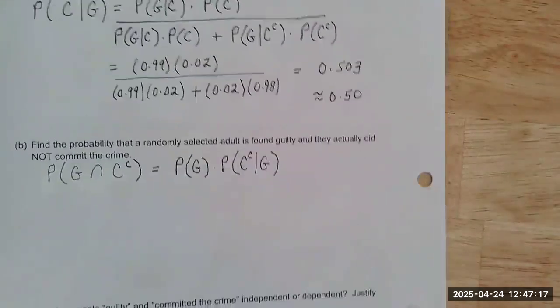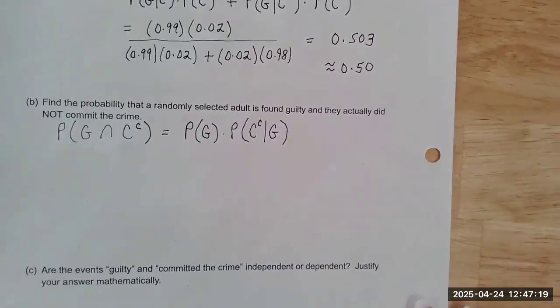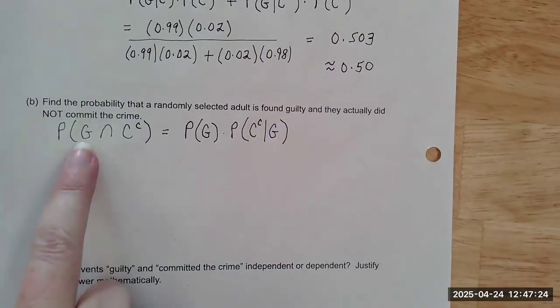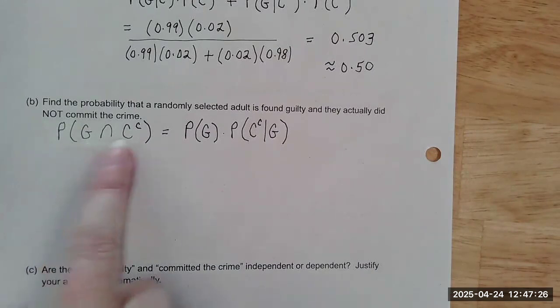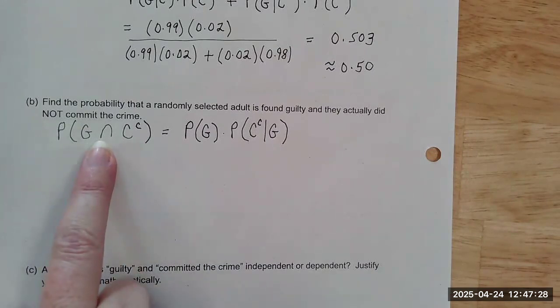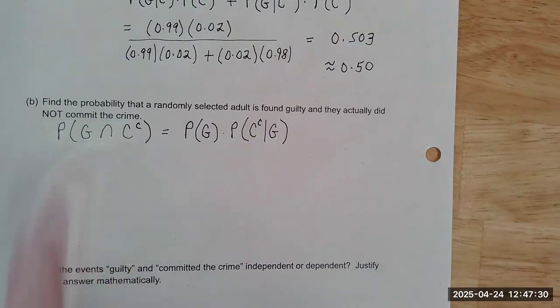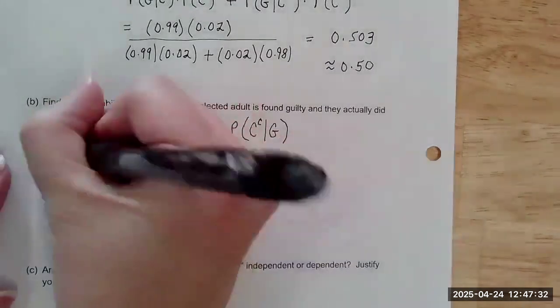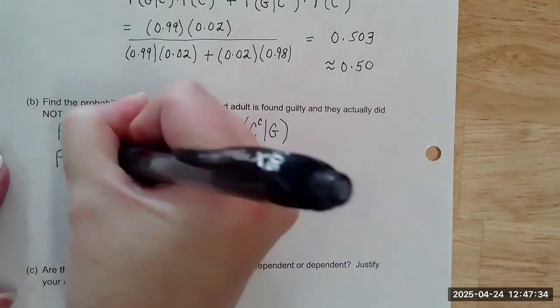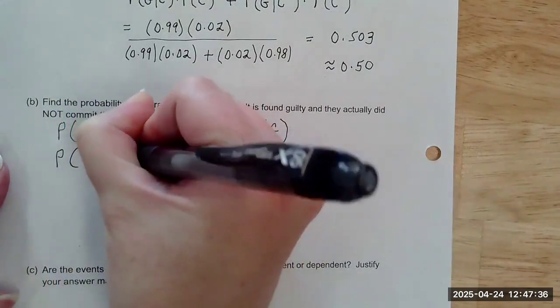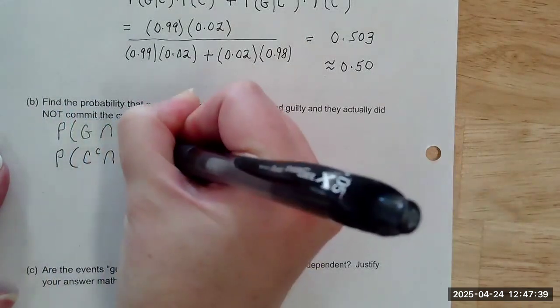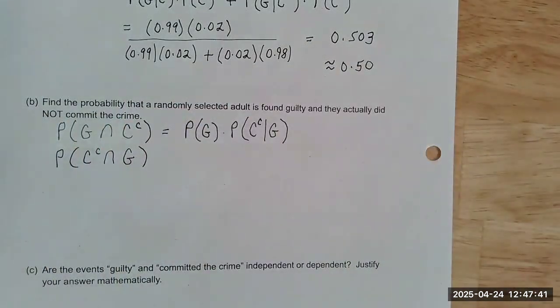And sometimes that means we got to go do a crazy other formula. But sometimes it means we've got to look at what they said here again. And because that's an and symbol, it's okay for me to turn that around. I could also write this as the probability of C complement and G. Because with an and, you're allowed to flop where things are.